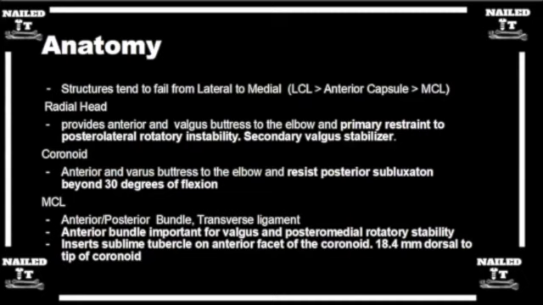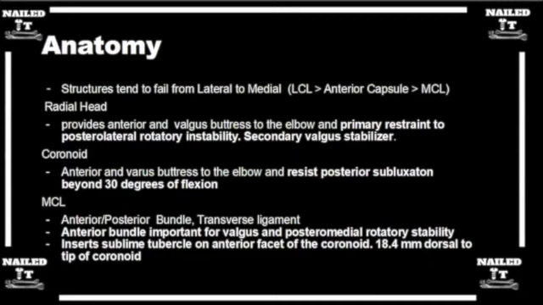Besides that, there is the importance of the anterior and posterior capsule, but part of the anterior capsule inserts in the coronoid as well, at the tip of the coronoid. So that's also an important part for the stability of the elbow.